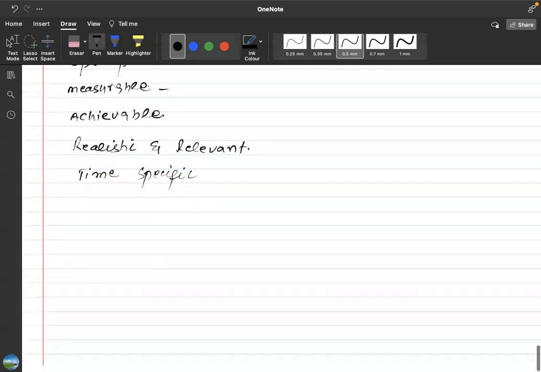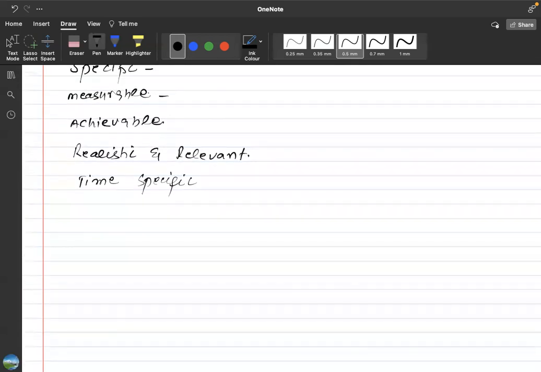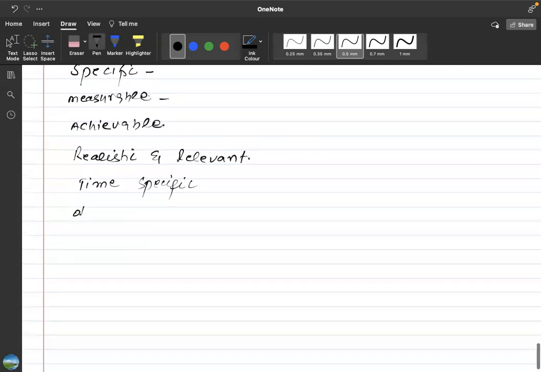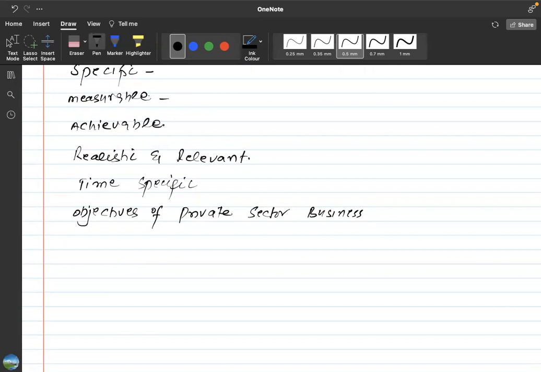Now we'll talk about the objectives of private sector businesses. There are many objectives that private sector businesses might have. The first one of those objectives is profit maximization.